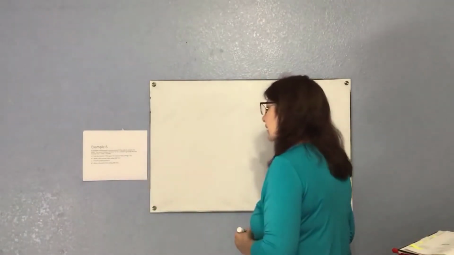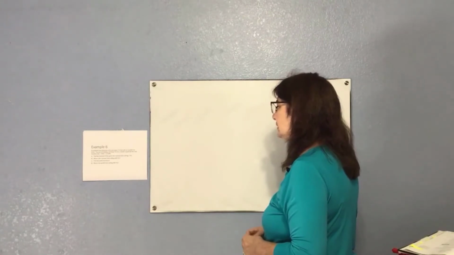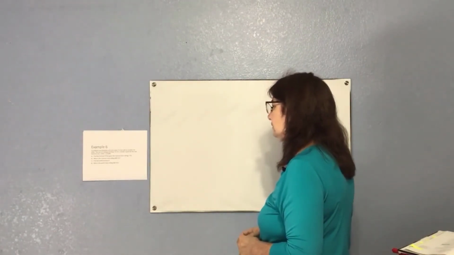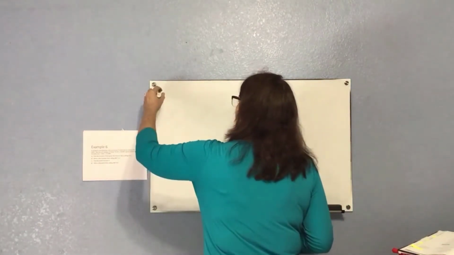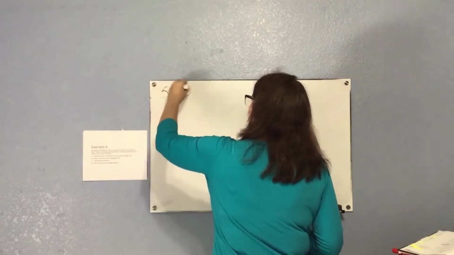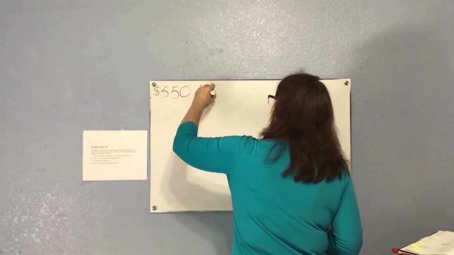A company manufactures a 65-inch smart TV that sells to retailers for $550. The cost of making X of these TVs for a month is given by the cost function. So we're going to say $550 is the price to retailers.